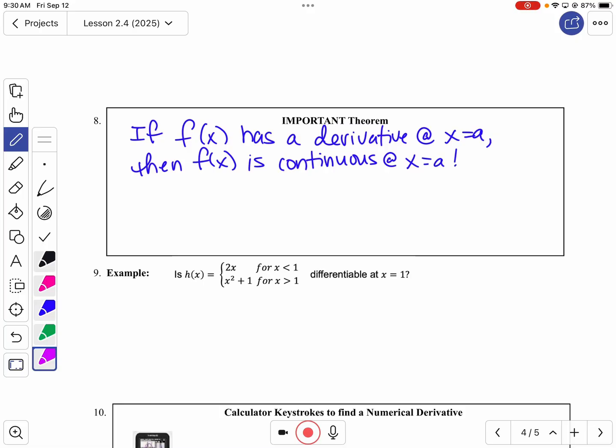This is that whole big concept of differentiability implies continuity. You will be able to use that as a justification always.